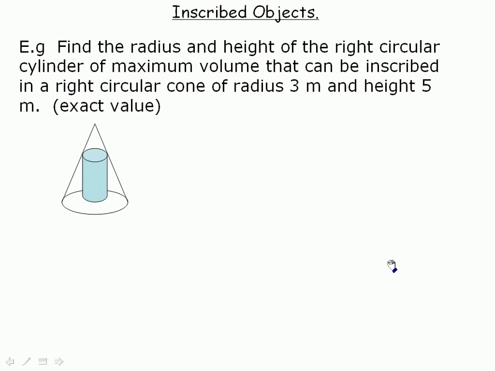Now the height of the cone is 5 meters, and the radius itself is going to be 3 meters. So you could look at it like this. So there's 5 meters. And then the radius, which would be from this base radius there, r is equal to 3 meters. So this is a big cone. Now, the ultimate thing that we want is to get the cylinder with a specific volume.